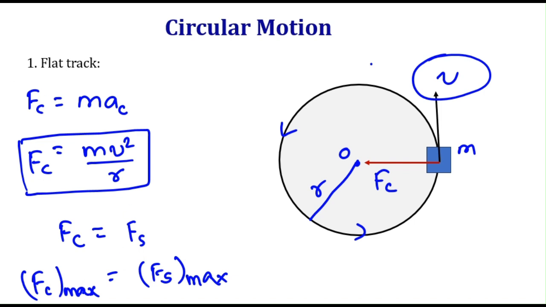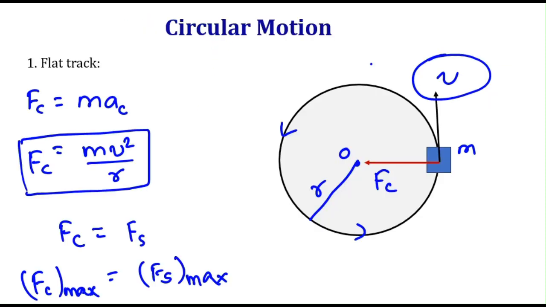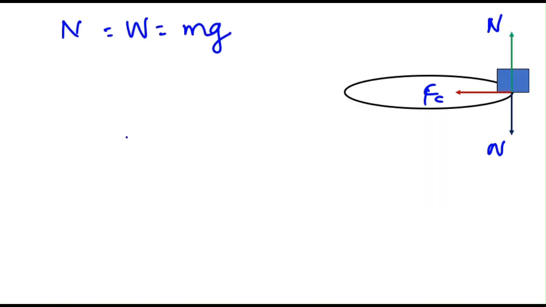So let's move to the next slide and see this thing in a different way. Okay, so this is centripetal force, this is normal, this is weight, and if there is no vertical acceleration, this normal equals weight, which is equal to mg. Now, the maximum static friction will give the maximum centripetal force.